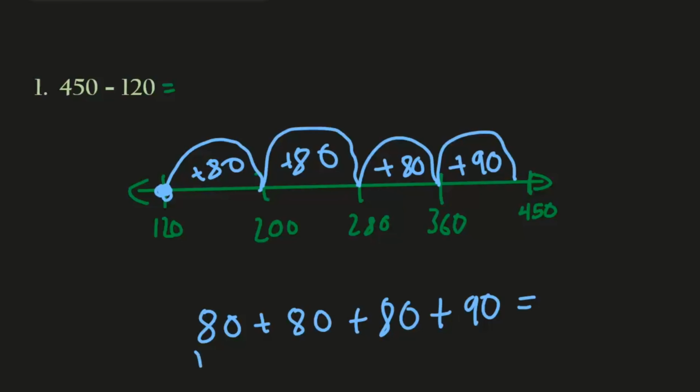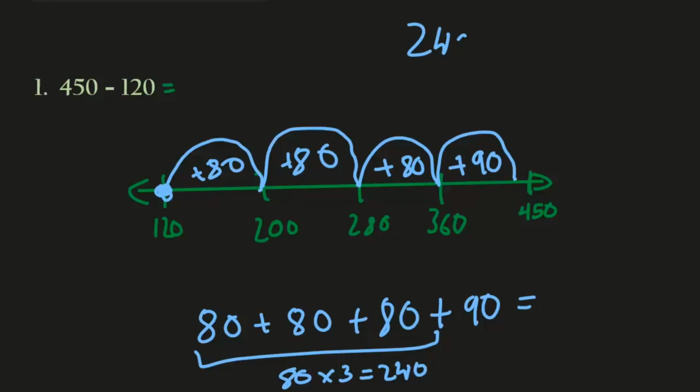To do this part, you can just do 80 times 3 also if you like. They're the same thing. So 80 plus 80 plus 80 is 240. So this part equals 240. Now we have to do 240 plus 90.